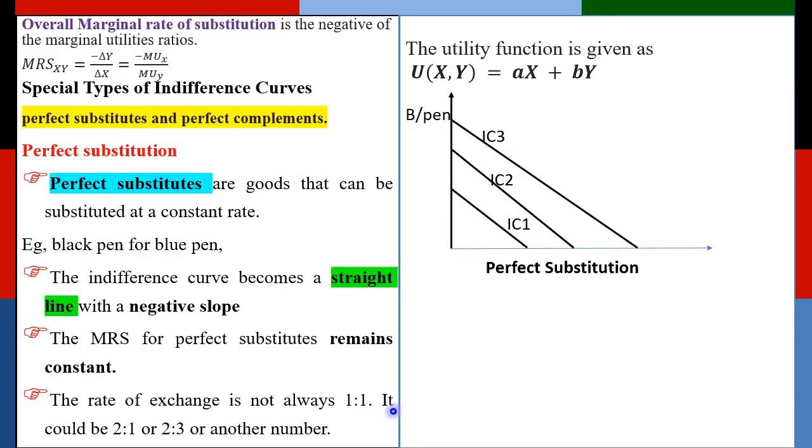It can be 2 to 1 or 2 to 3 or another number, but throughout it is constant and never changes. Mathematically, we can express perfect substitution with a utility function given by this one. This is linear, and the curve of any linear function is a straight line.